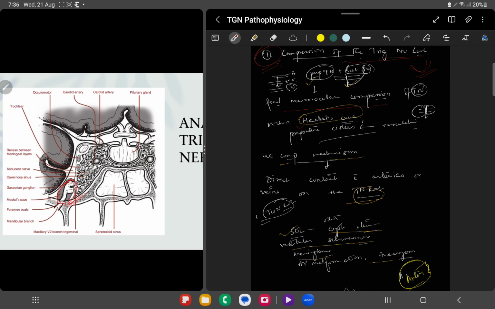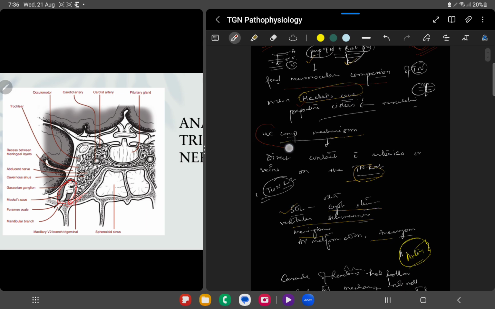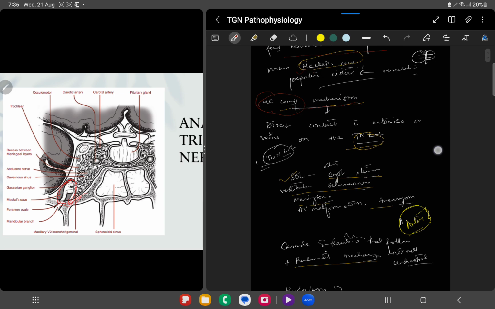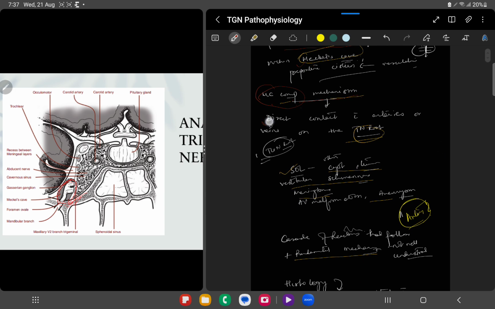The Meckel's cave has the trigeminal ganglion, and this neurovascular compression is the most common cause, due to direct contact of arteries or veins with the trigeminal nerve rootlets.